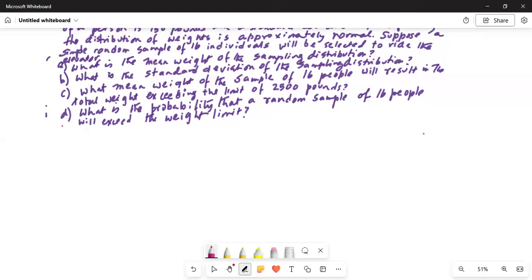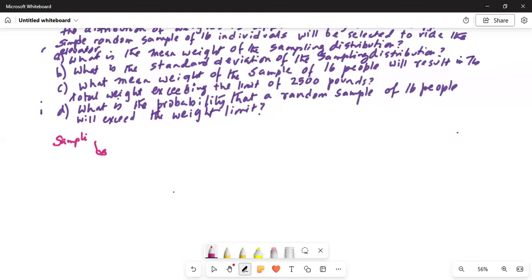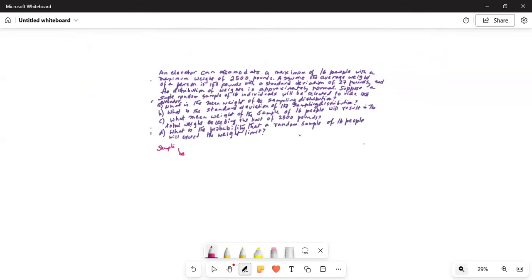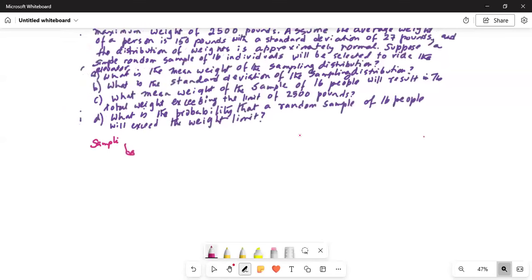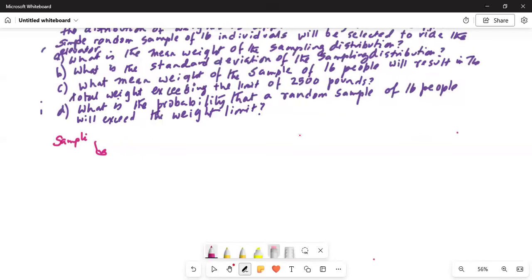We are talking about the sampling distribution of X bar.